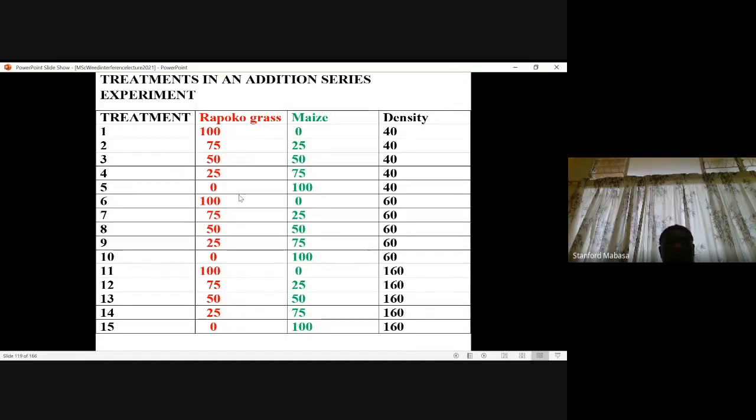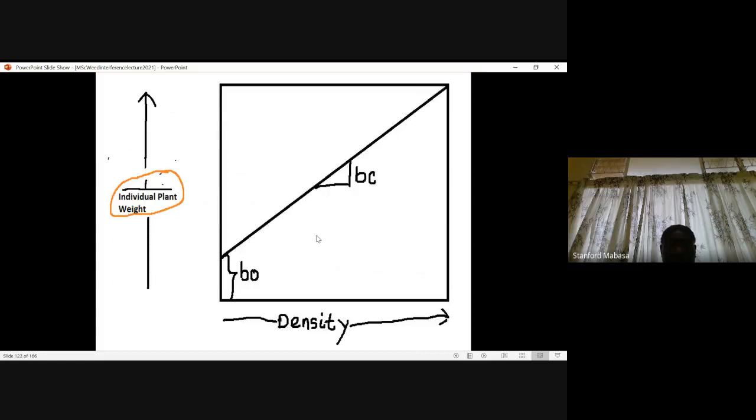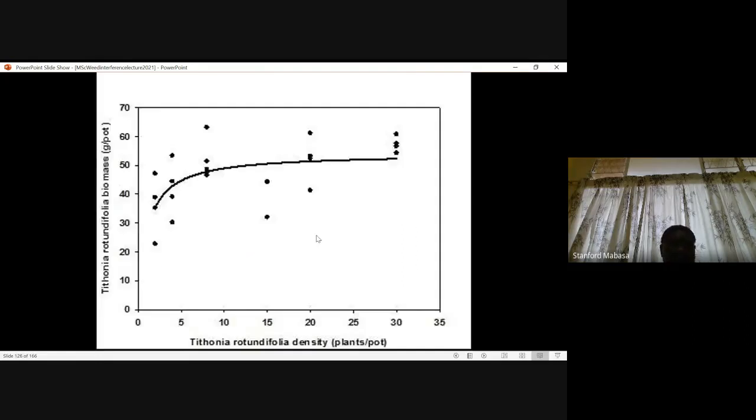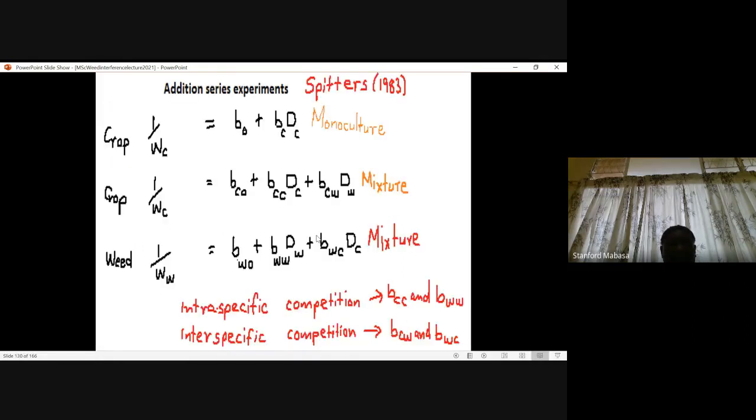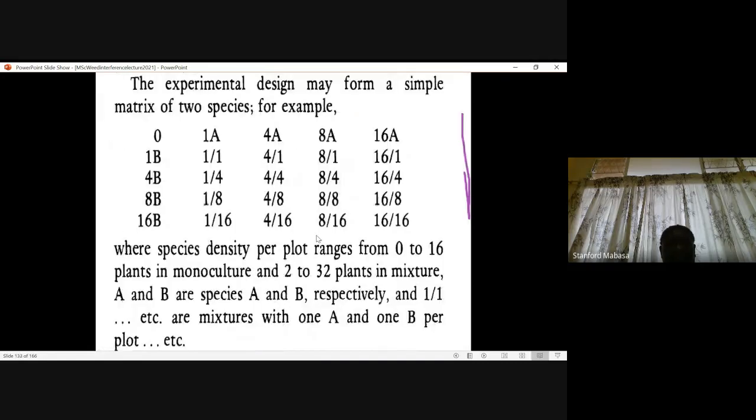I'm sure this may be easy to understand on this table. Where A represents a crop, one plant.